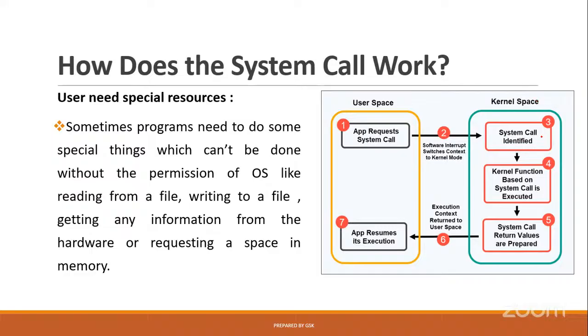Suppose the kernel receives one system call related to allocation of memory. The kernel space receives that system call, identifies and processes it, and that memory will be allocated. The result will be sent to your app. So this is how the system call works.